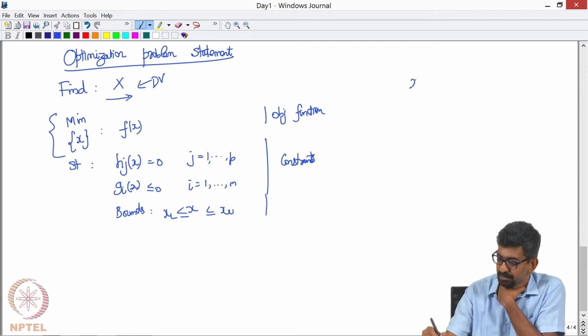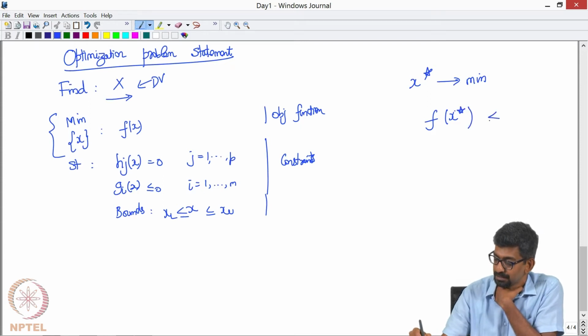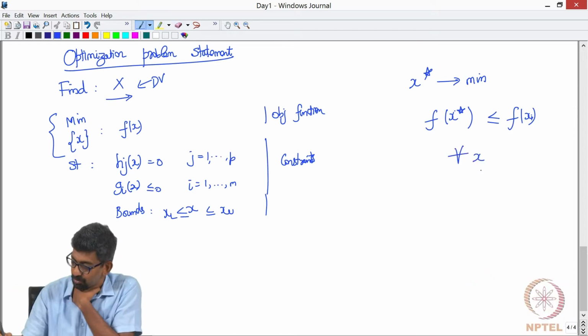So, if you say x star is minimum, what it means is f of x star, the function value evaluated at x star, is less than or equal to f of x, for all x belonging to S.